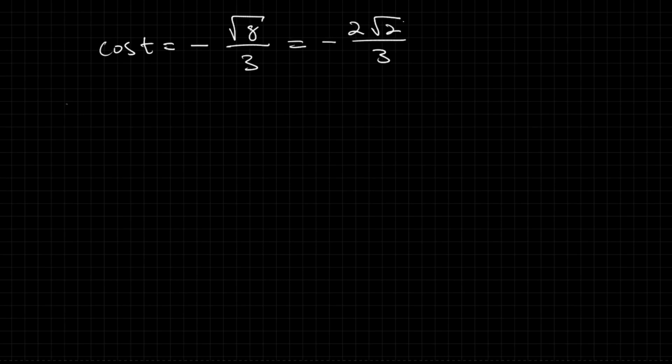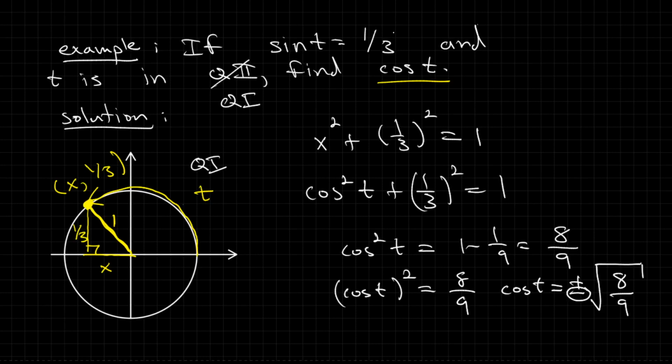And you can use the same general idea to solve other questions when you're given the information such that sine of t or cosine of t is some number and you need to figure out the other trigonometric function of t. So to recap, and you may want to jot down these general steps, I like to draw a picture so I can see exactly if, or perhaps what, is negative.